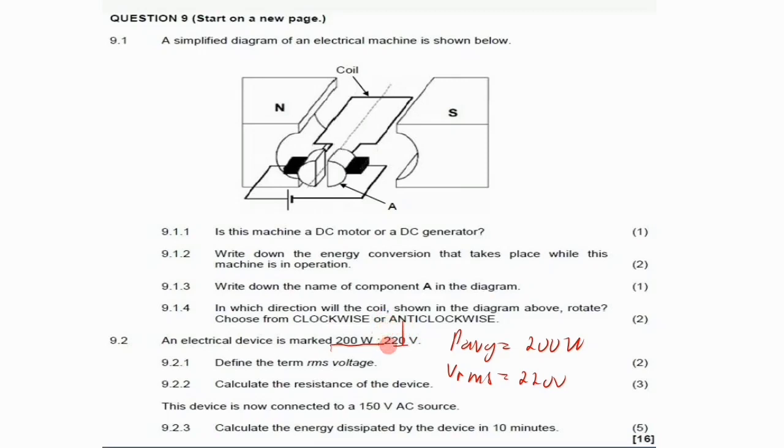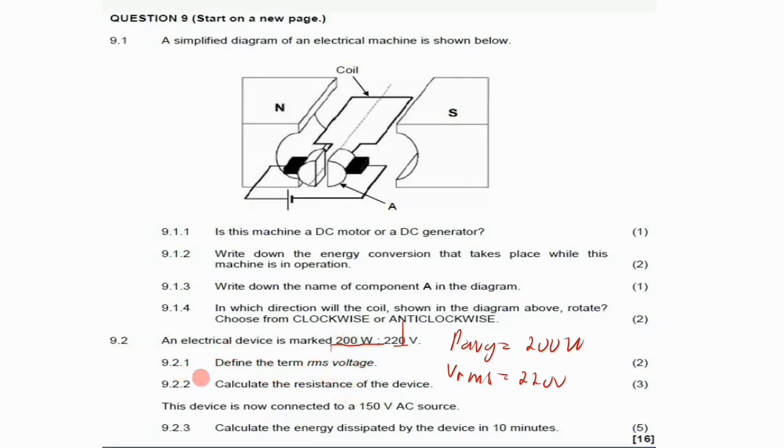If they give you the markings of an electrical device, the voltage represents the VRMS, the power represents the average power, and if there is current, the current represents the IRMS, or the root mean square current.